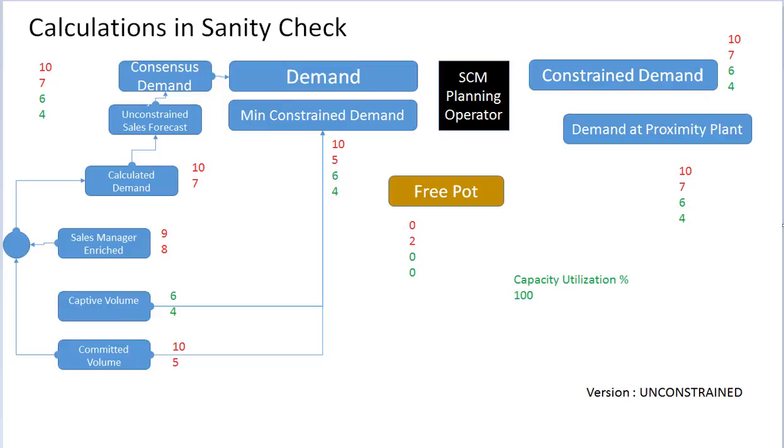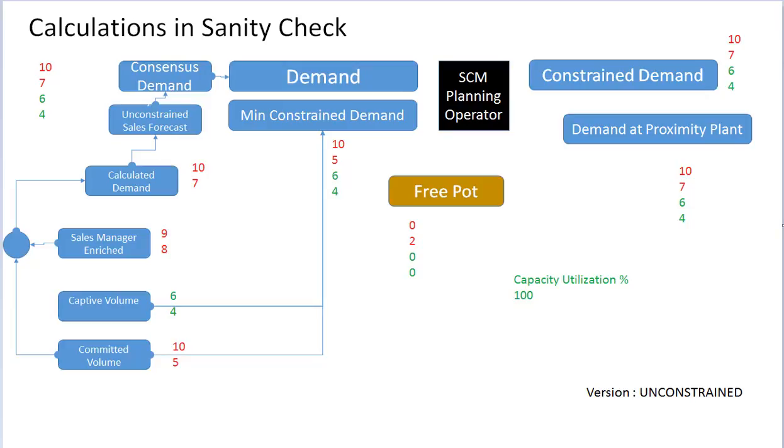That is useful to have a comparison of the original planning situation on an unconstrained basis against the plans that are calculated by the optimizer and may have cuts. The cuts and pushes, for that matter, in the supply plan will always be calculated against the demand at proximity plan.